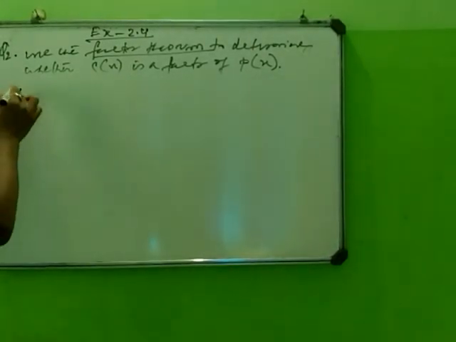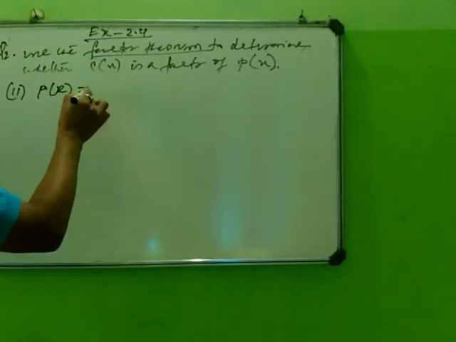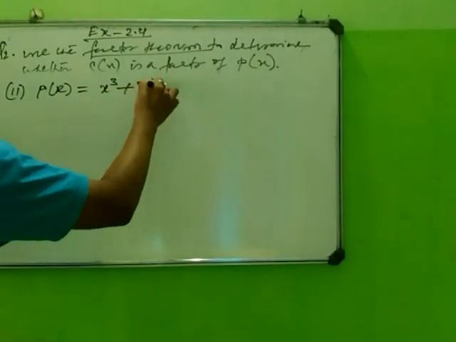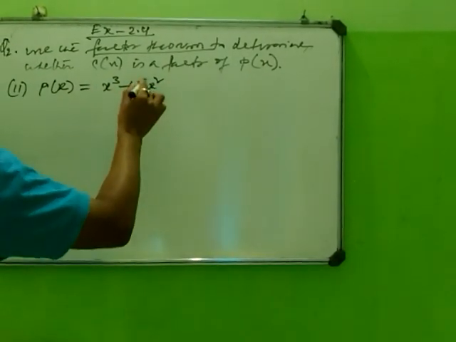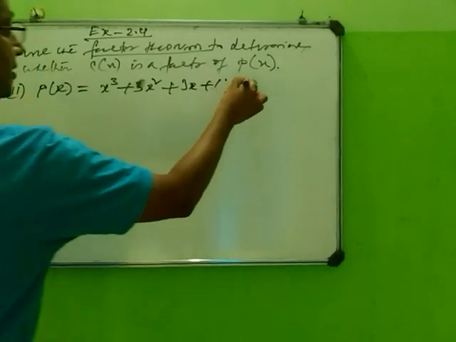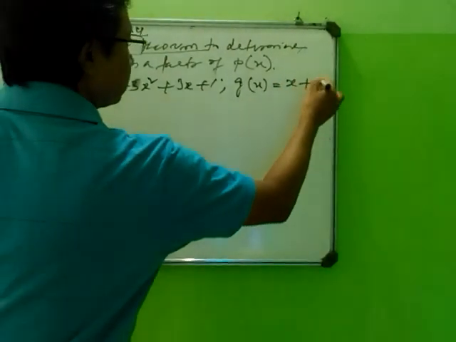Let us take number 2. P of x equals x cubed plus 3x squared plus 3x plus 1. G of x equals x plus 2.